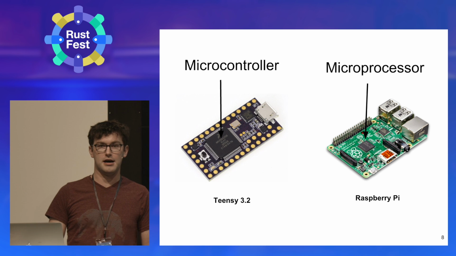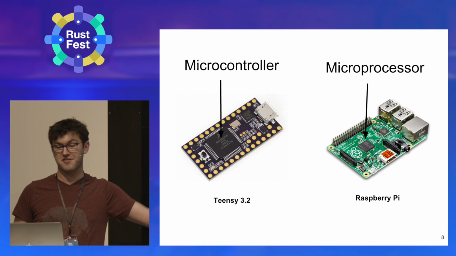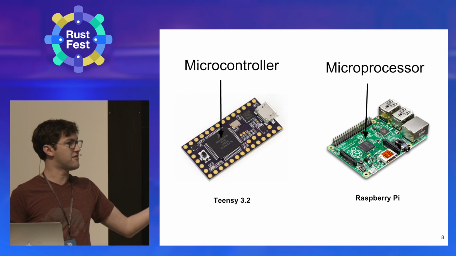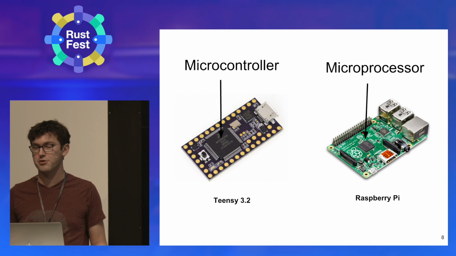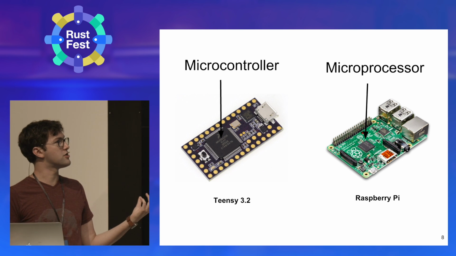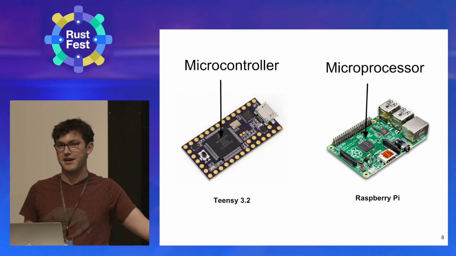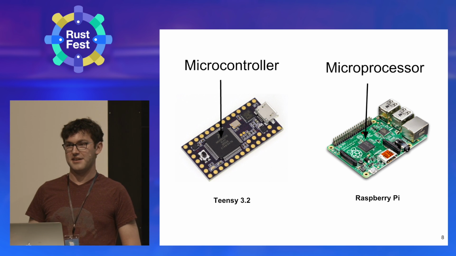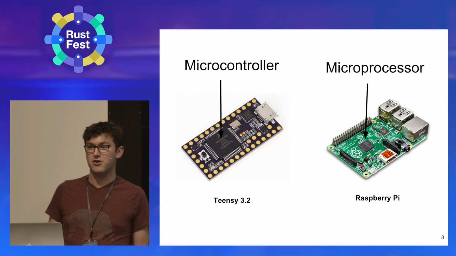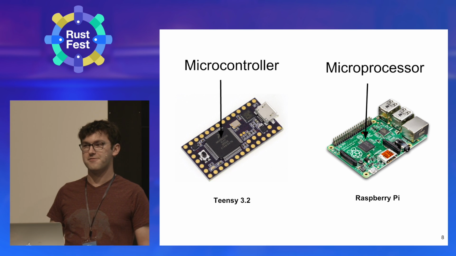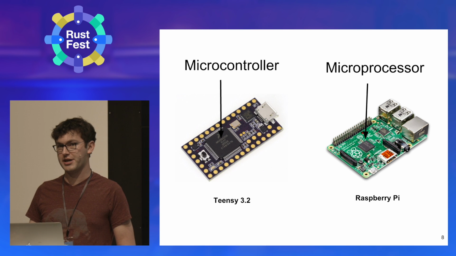For example, at one end of the spectrum is microcontrollers. Here I have pictured a Teensy board, which is similar to an Arduino board, and it's a microcontroller. It uses one from Freescale. It basically has 32 pins on it, which you can program. The more interesting part about this is that it may have a few hundred kilobytes of memory, if not only a few dozen kilobytes.